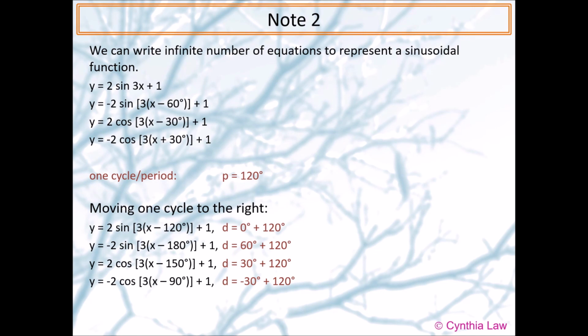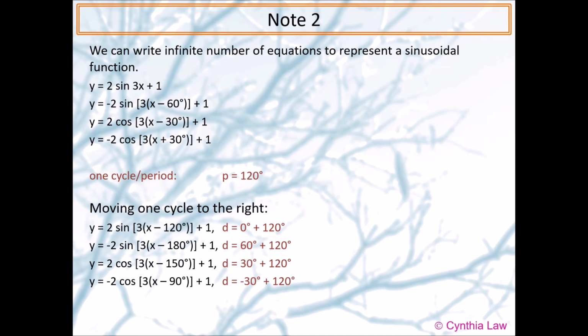If I use the positive cosine function and shift it one cycle to the right, then I have 30 degrees plus 120, and I have 150. Lastly, if I use the negative cosine function and shift it one cycle to the right, then I take negative 30 degrees, add 120 degrees, and then I have positive 90.